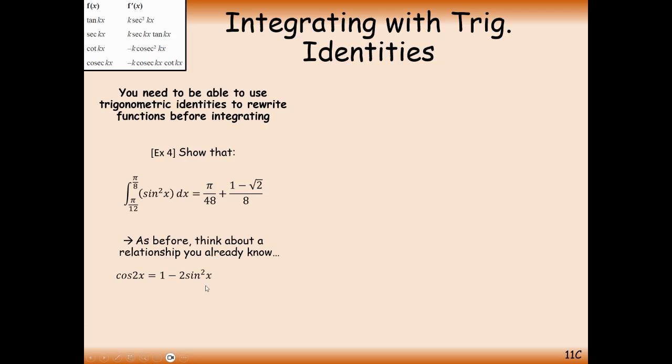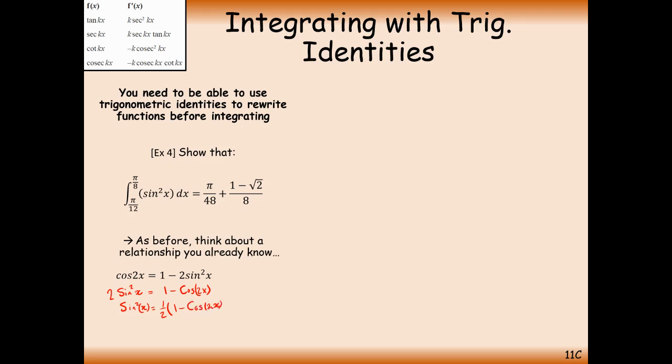Because we have a sine square here, if I rearrange this equation to make sine square the subject of the formula, I will have 1 minus cos of 2x, and dividing both sides by 2, I will have sine square of x equal to half multiplied by 1 minus cos of 2x.